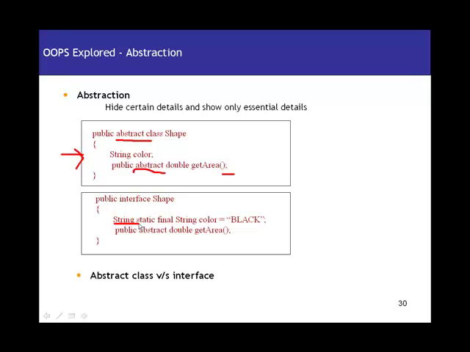Code-wise, that's the only difference between a class and an interface. In a class you can have different kinds of modifiers for your attributes and methods, but in an interface it's always public static final for attributes and public abstract for methods.